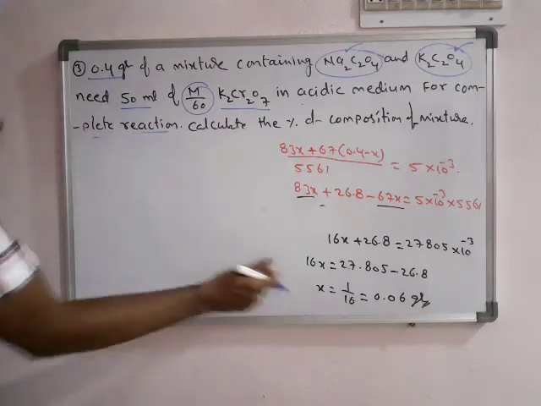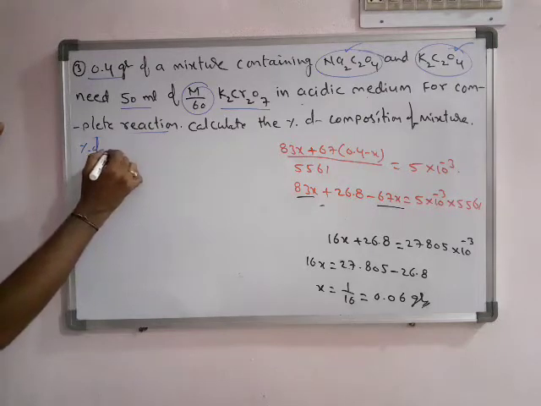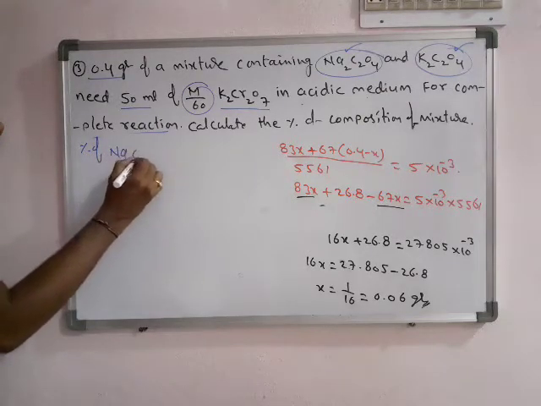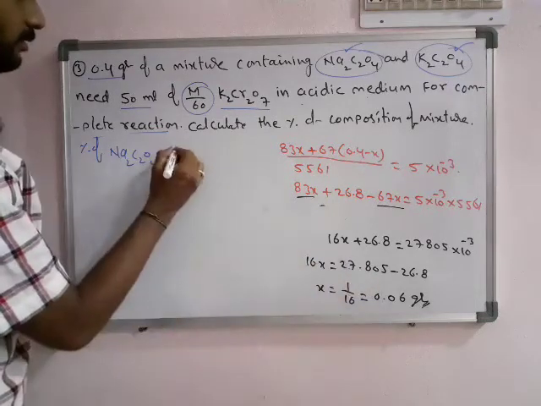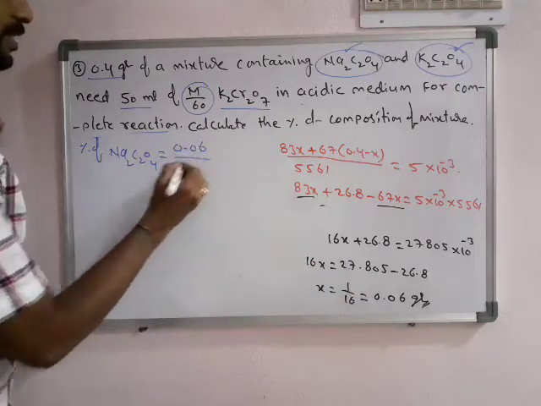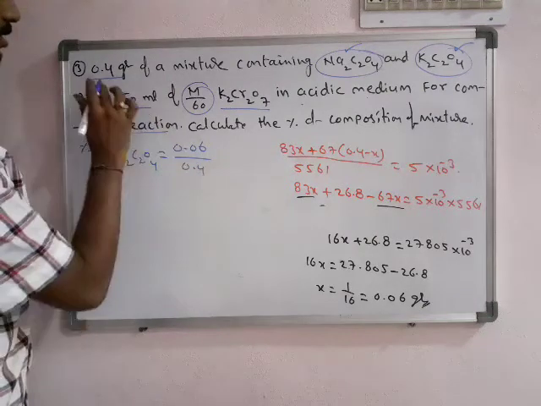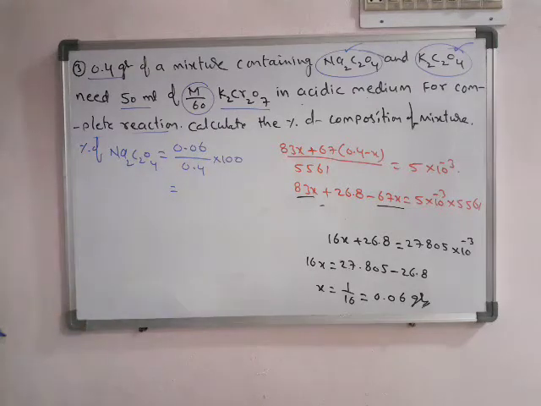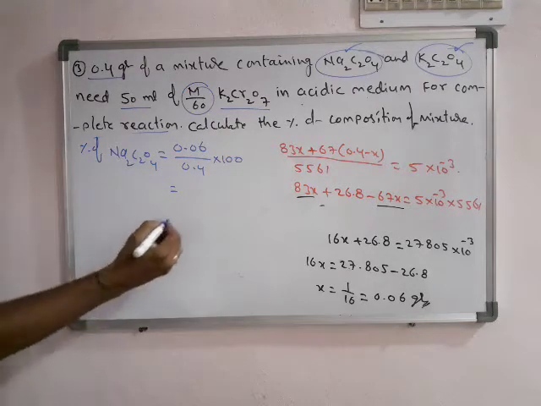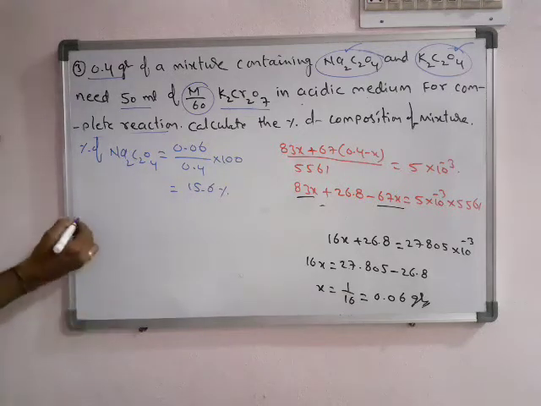Okay, here you see, the percentage of sodium oxalate. What is the weight of sodium oxalate here? 0.06. What is the total weight? 0.4 into 100. Here approximately we will get 15.6%.